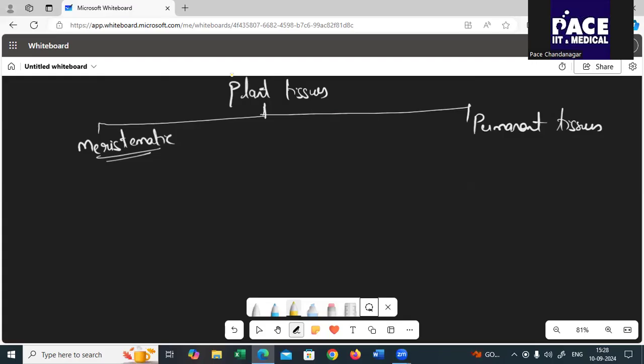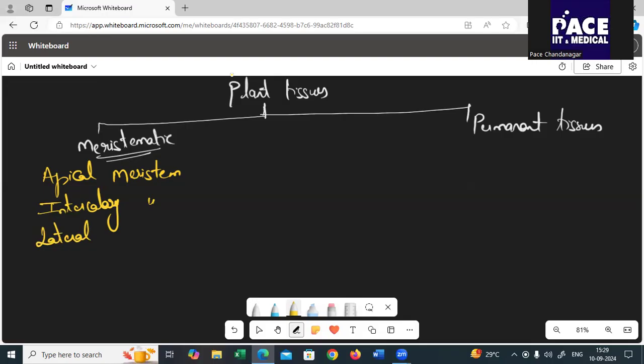And we have three kinds again, according to their positions: apical meristem, intercalary meristem, and lateral meristem. So what do I mean by this?